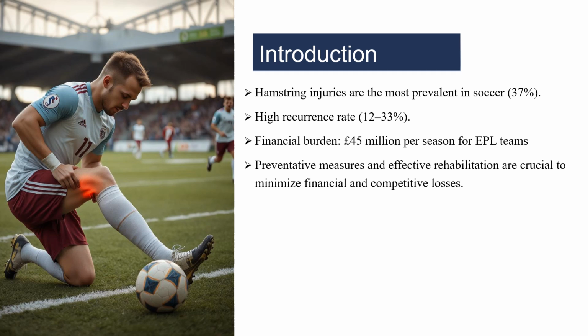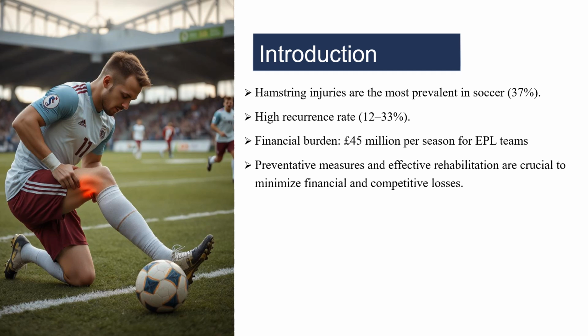According to a study by Eviakulum et al. in 2020, they found a financial burden of 45 million euro for English Premier League teams for one season, which lasts from 8 months to almost 1 year. They estimated this figure as a financial burden.